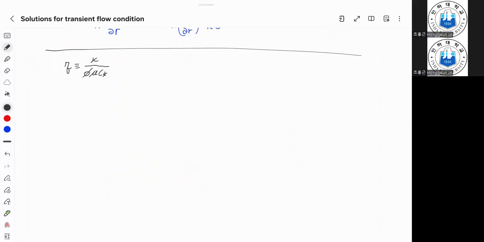In the book, the book from Dake, it says it's a capital T, but I think eta is more widely used, so I'm going to use eta instead of T. So if eta is defined as such, then the above equation can be written as this.